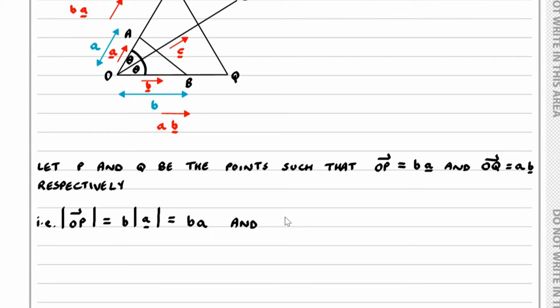And the magnitude of OQ is equal to a times by the magnitude of b, which is ab.